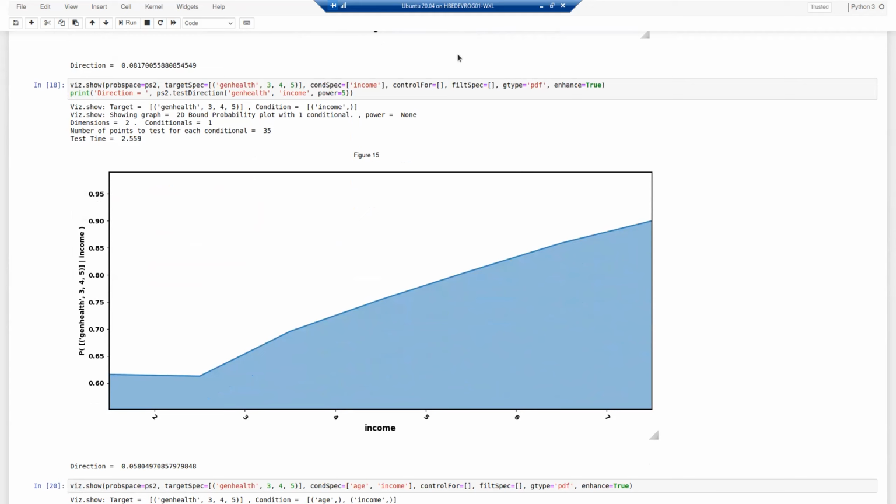If you think about it, if your health is good, you might be able to earn more. And by the same token, if your income is higher, you may be able to afford a better living environment and better medical care. But there's a very strong correlation, except at the very lowest levels.